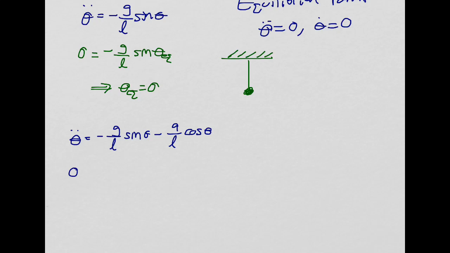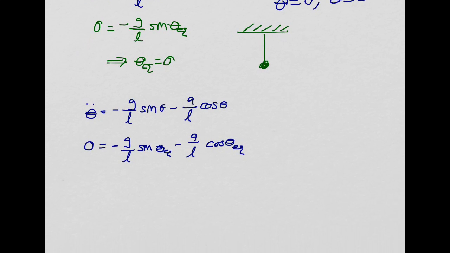And so we get 0 is equal to negative g over L sine theta equilibrium minus a over L cosine theta equilibrium. Alright, let's move our sine theta term onto the other side and divide through by cosine. So g over L sine theta equilibrium is equal to negative a over L cosine theta equilibrium.